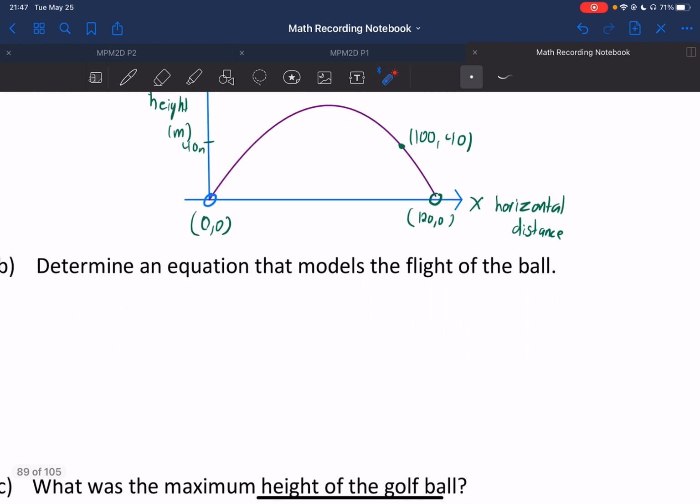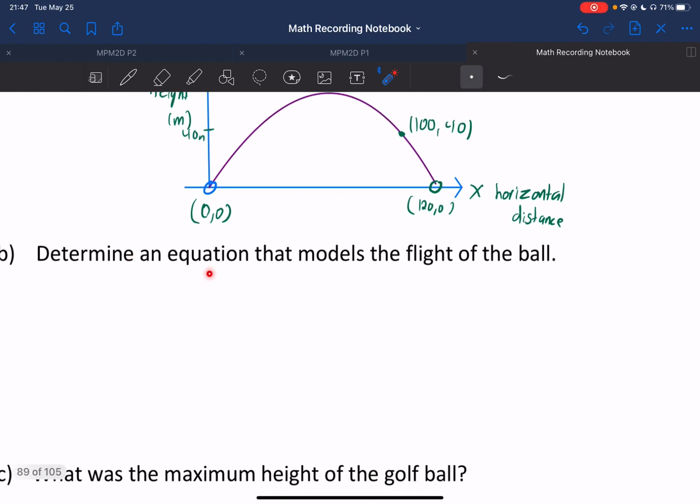Good point to remember. What we're going to do now is determine an equation that models the flight of the ball. This one's set up perfectly so that we can create a factored form equation. So we have height equals a(x minus r)(x minus s). Our first zero is 0, so we can put that in the R spot.